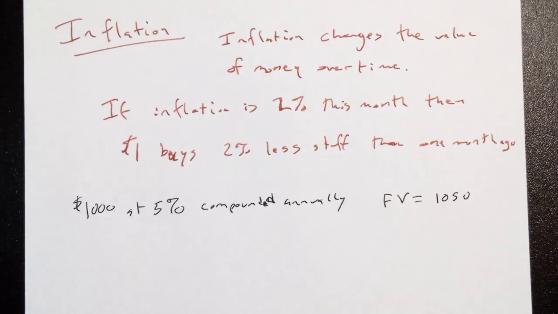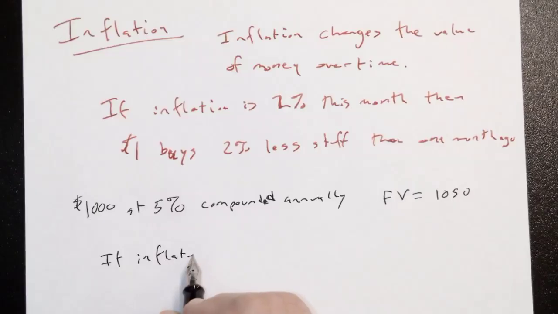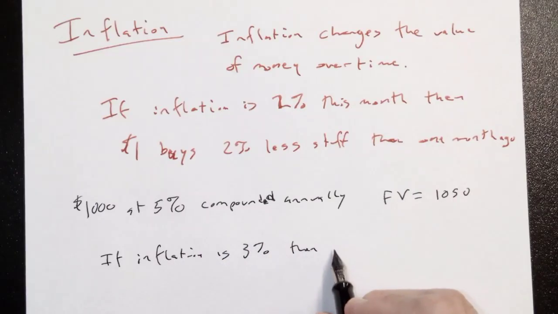But let's run with the inflation rate. The inflation rate is 3%. If the inflation rate was 3%, then the price of everything went up. And the prices changed. So the things I could buy for $1,000 a year ago will cost me how much today?